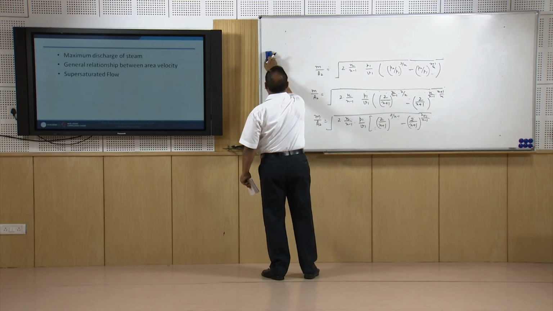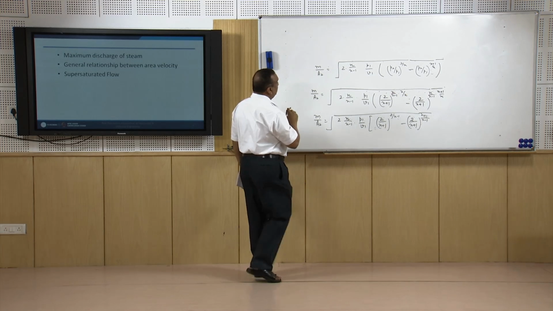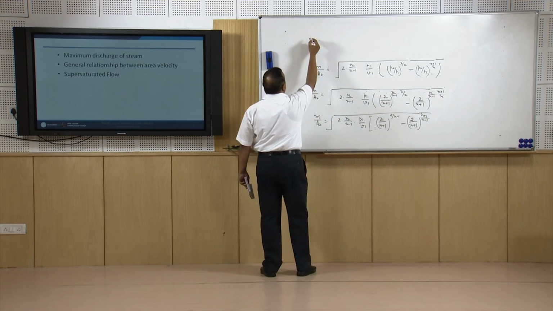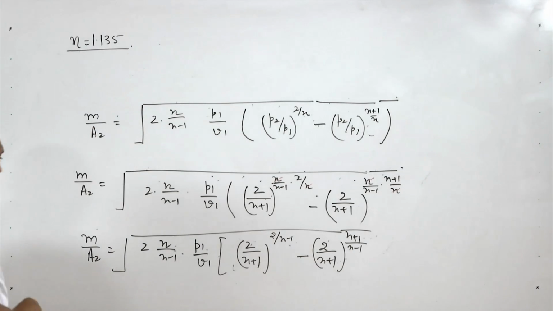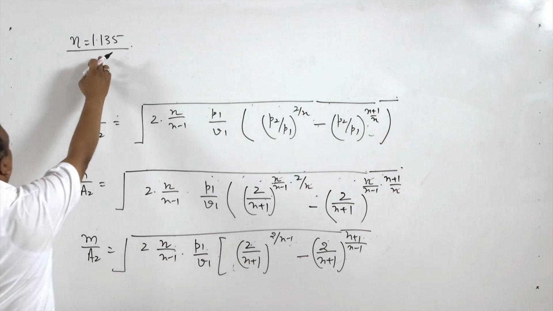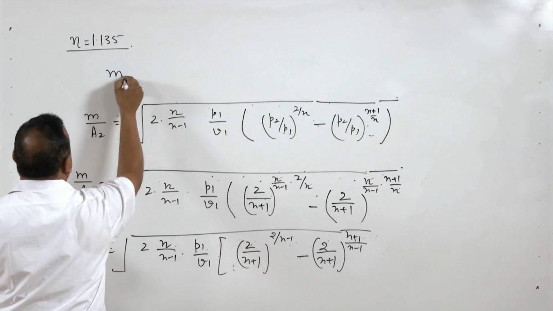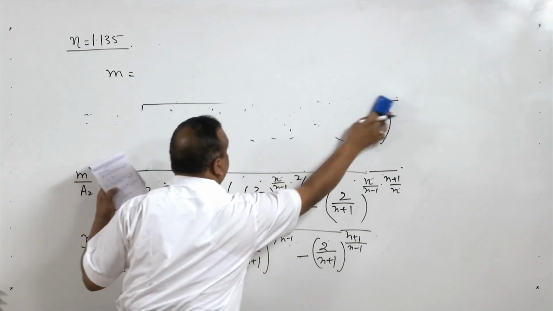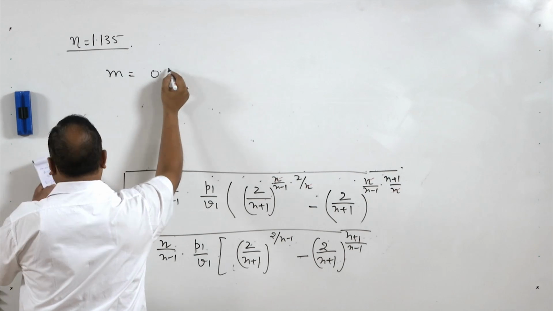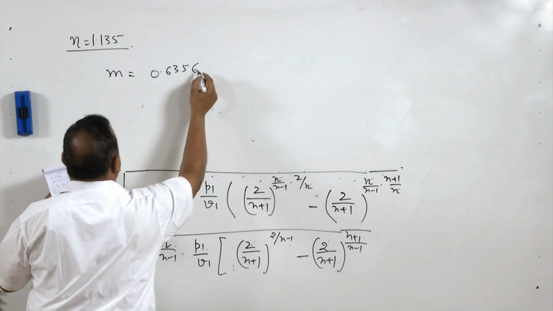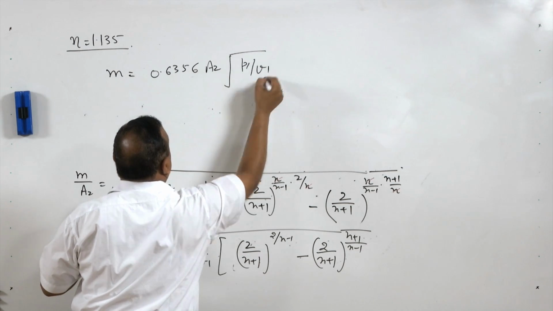So, for dry and saturated steam, when the dry and saturated steam enters the nozzle and it gets expanded, the value of n is 1.135. Now, if we put the value of n equal to 1.135 here, we get mass flow rate as 0.6356 A2 under root P1 by V1.